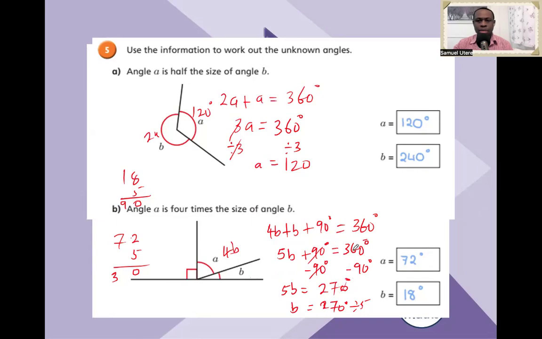I think there's a mistake. Just a minute. So let's do a quick bus stop method. So 270 divided by 5. 27 divided by 5 will be 5. 5 times 5 is 25.